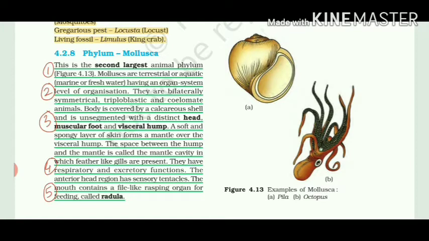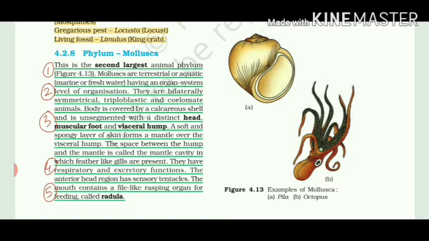We have talked about phylum Annelida and Arthropoda, where the body was divided into segments and it has a distinct head. So the body is divided into three parts: head, muscular foot and visceral hump. A soft and spongy layer of skin forms a covering, that is the mantle, over the visceral hump, that is the lower part.